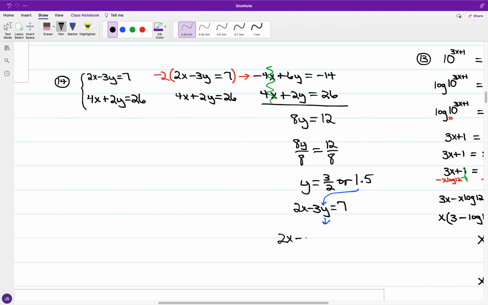We have 2x minus 3 times 1.5 is equal to 7. So we have 2x minus 4.5 is equal to 7.